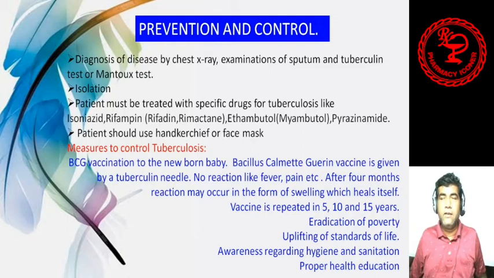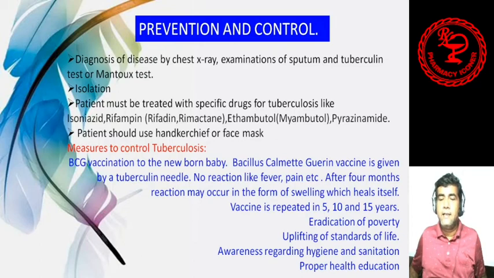Other measures nowadays: BCG vaccine is given to the newborn baby at the time of birth. BCG, the name coming from Bacillus Calmette-Guerin, is given by a tuberculin needle.